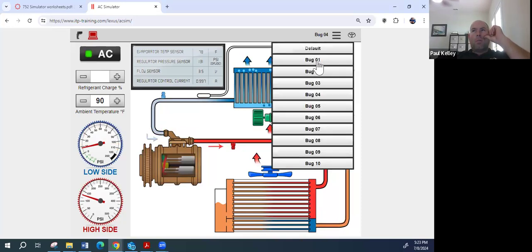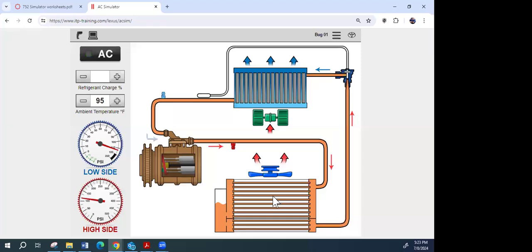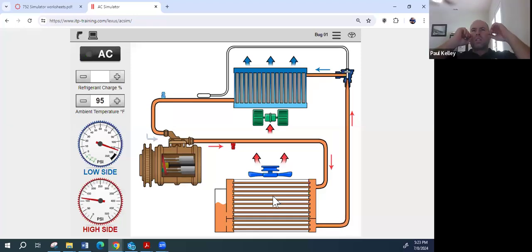So on bug 1 with the AC on, is the compressor working? Yes or no? Is the clutch engaging, in other words? No. I agree. So let's stop and think for just a second.